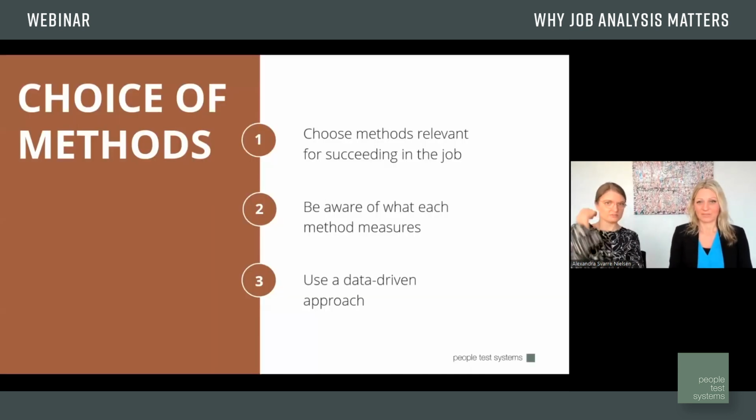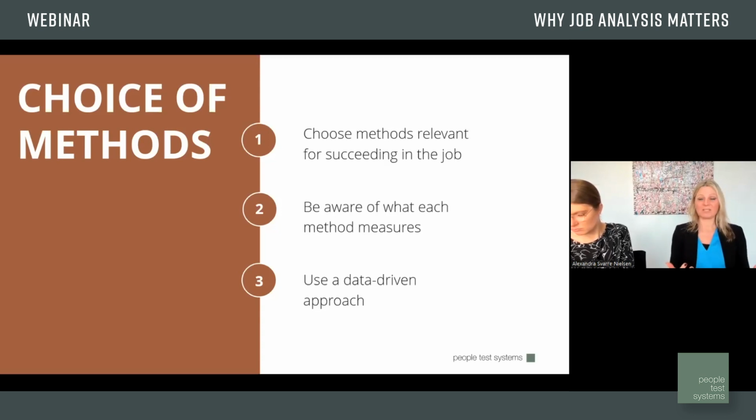Yeah, exactly. So just to summarize some of the methods and what we need to pay attention to. Choose methods that are only relevant for succeeding in this particular job. Save time by asking yourself, do I really need a case? No, we've covered everything, don't spend time on it. Number two is just as important: be aware of what the method is actually measuring.